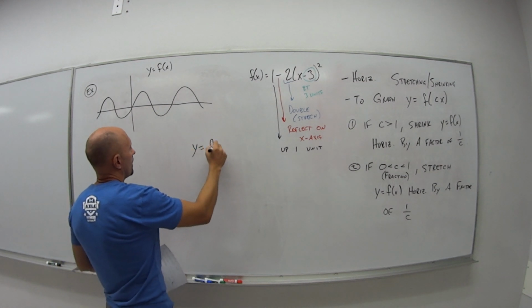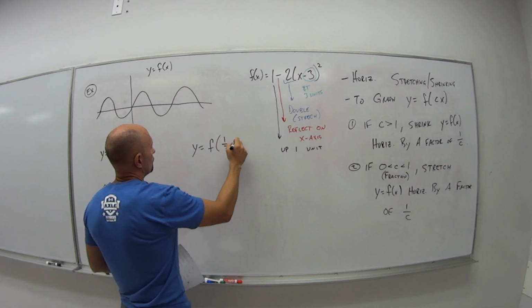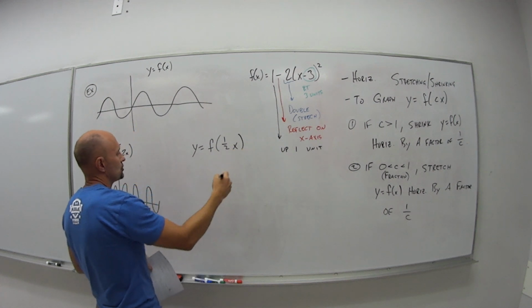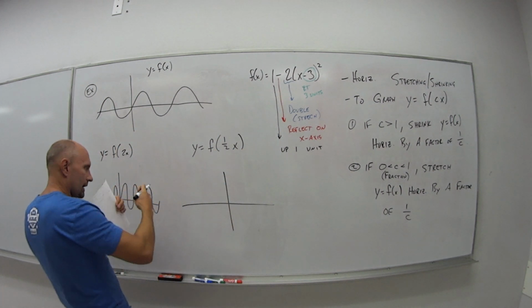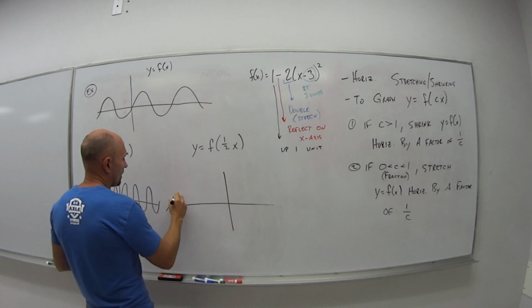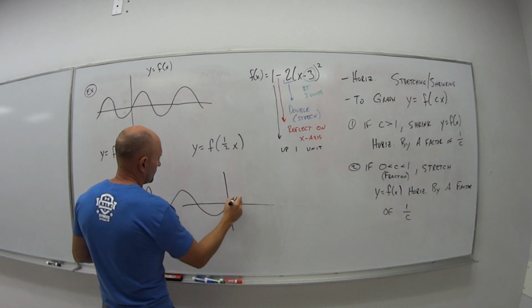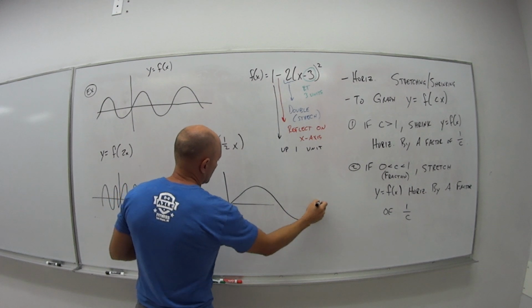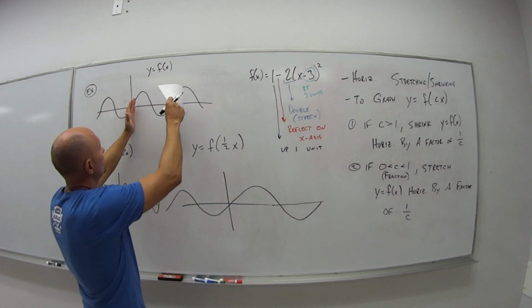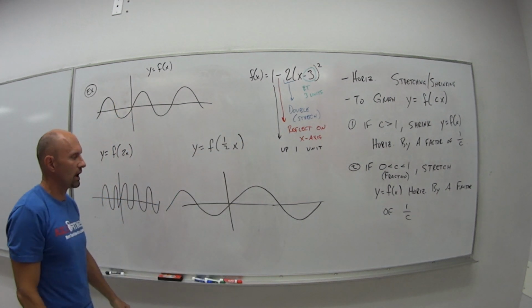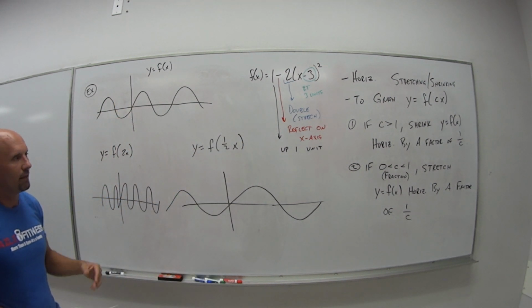Versus if I have y is equal to f of 1/2 x, a fraction on the inside, instead of squishing it, it gets stretched out, so now it looks something like that. So instead of taking this long to make one cycle, it doubles how long it takes. And that's all that happens.